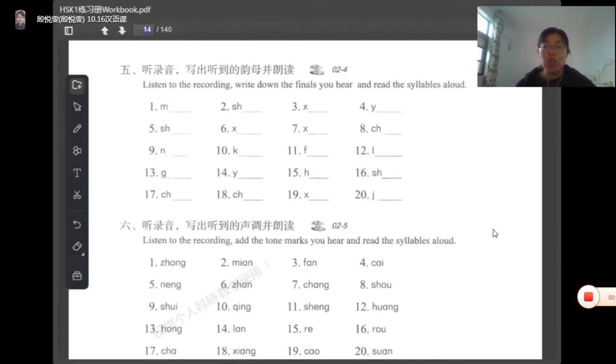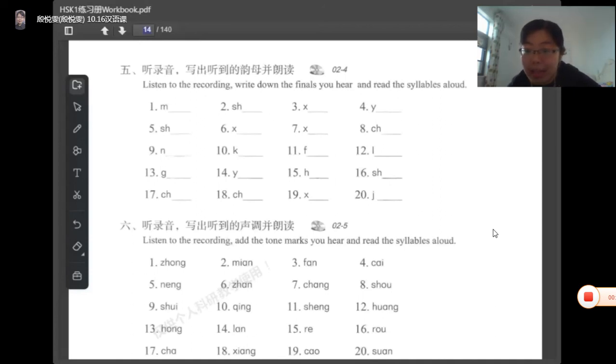Next one, 瘦. Shahid very fast and right. 瘦, yes, right. Next one, 鲜.